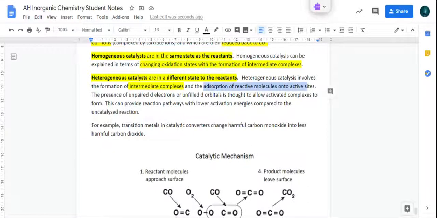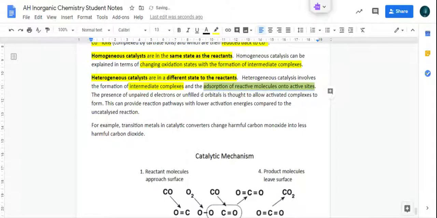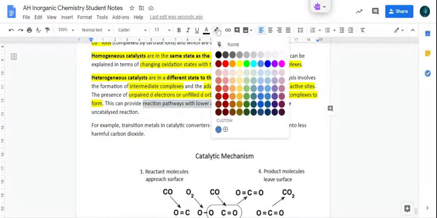Adsorption of the reactive molecules onto active sites. The fact that the transition metals have unpaired d electrons or unfilled d orbitals is thought to allow these activated complexes to form. And because you've got these alternative reaction pathways, these will have lower activation energies, and so the reaction is catalyzed.